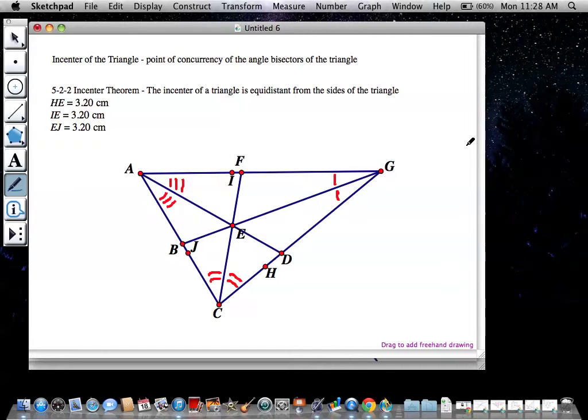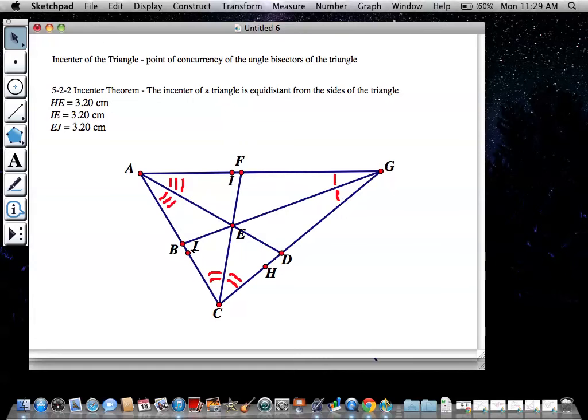Now, the theorem says that the incenter of a triangle is equidistant from the sides. So from this point E, the incenter, to this line AG. And remember, distance is perpendicular. So I is directly across, so the distance from I to E is 3.2.